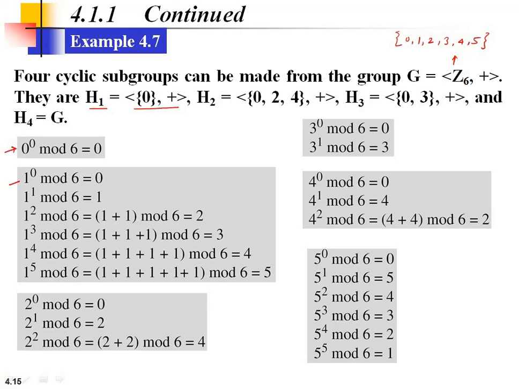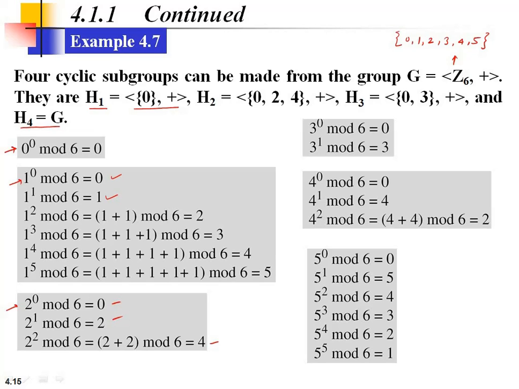Then we start with 1 and see what elements it can generate. 1 to the power 0 mod 6 is 0, 1 to the power 1 mod 6 is 1, and if I continue in this manner, we will find that 1 is able to generate all the elements of G. So this subgroup, denoted by H4, is equal to G. Then we check 2. 2 is able to generate 3 elements, 0, 2 and 4.